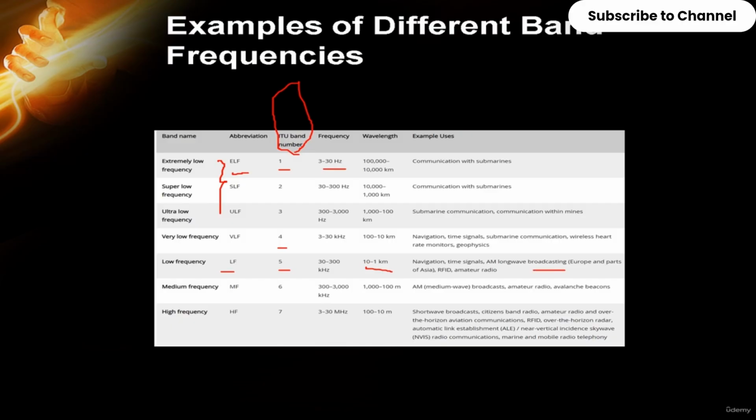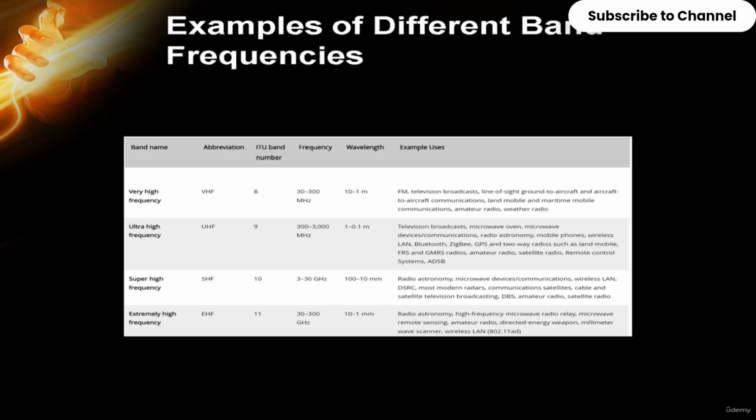Medium frequency, MF, has ITU number 6 and operates with AM waves. High frequency has ITU band number 7 and is used for various radio communications, mobile communication, and radio telephony.